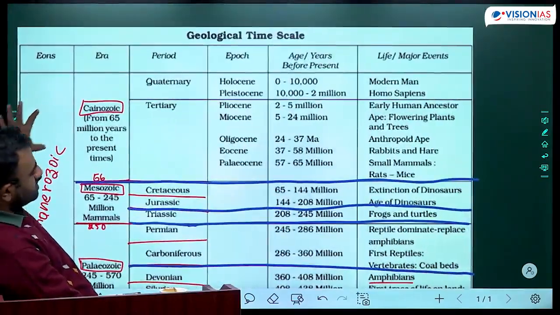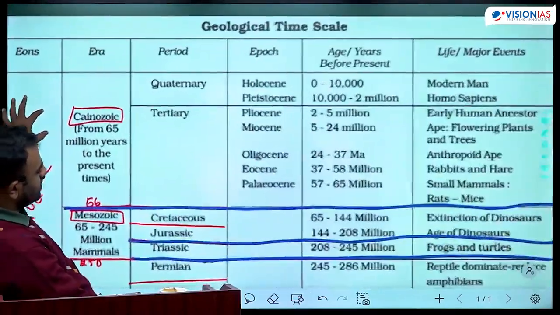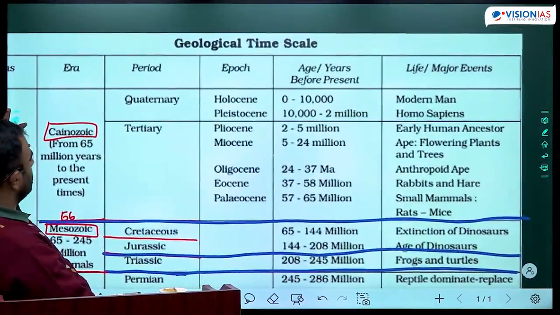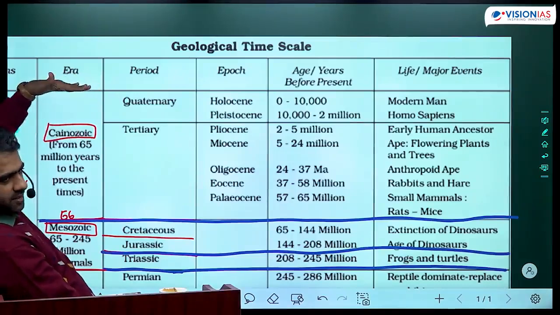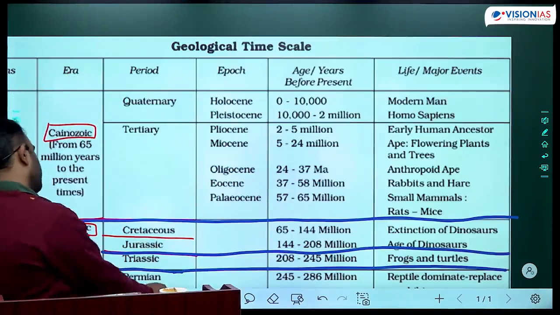Now you enter the Cenozoic. The Cenozoic began around 66 million years ago, and we are still in the Cenozoic only. Okay, we are still in the Cenozoic.